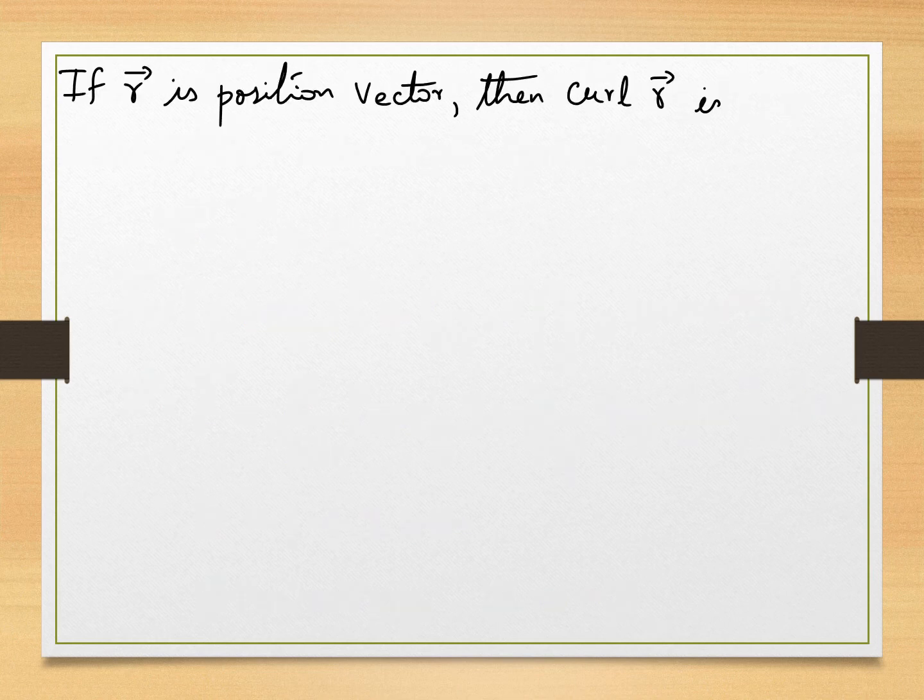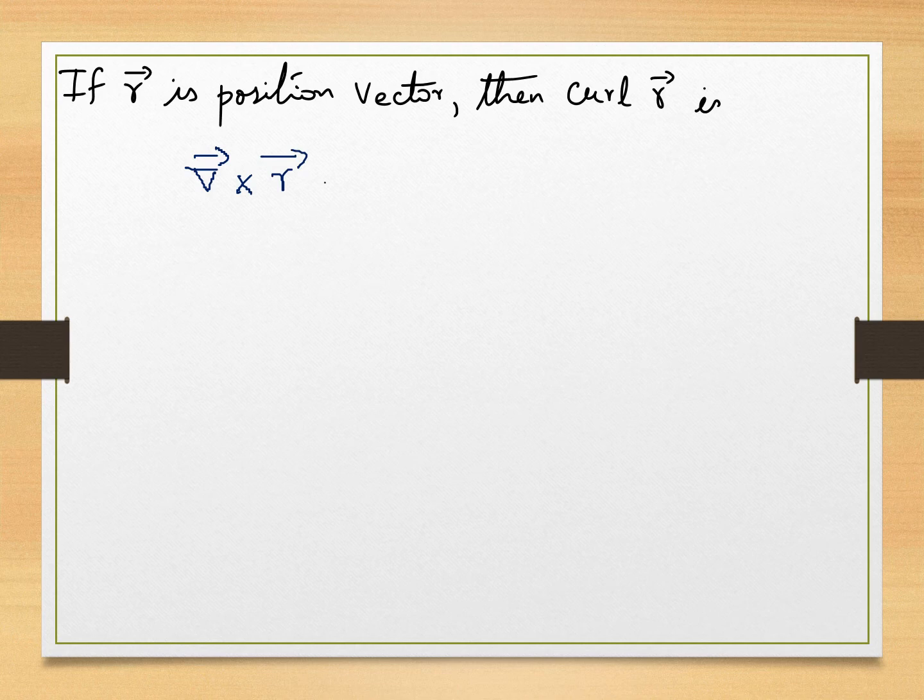Next question. If R is a position vector, then the curl of R is given as curl. We have curl is del cross R vector, that is curl.